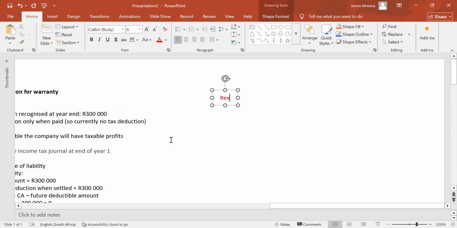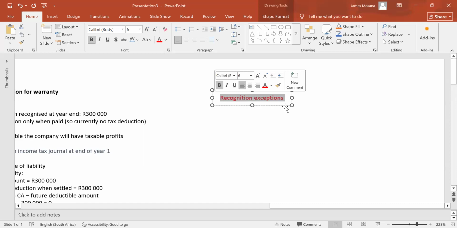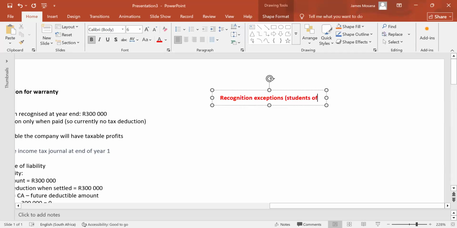So now, here we are dealing with recognition exceptions. This is the place where students often lose marks.